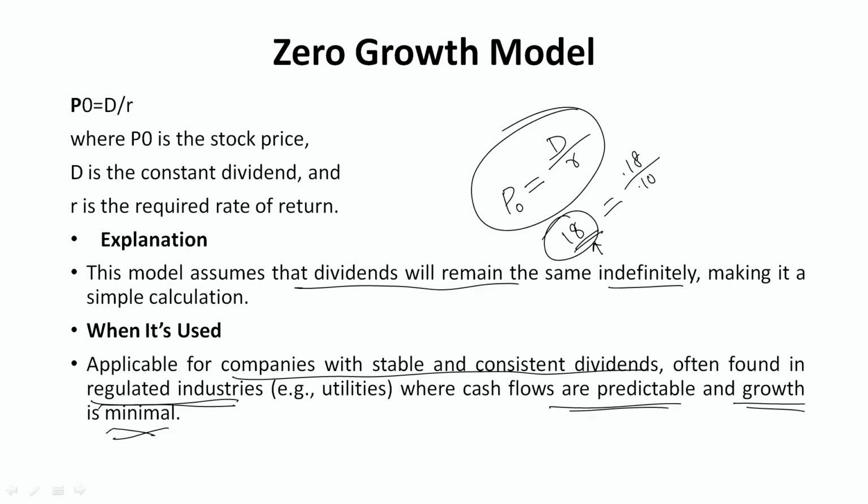So in terms of utilities and other things, say FMCG products, such utilitarian items I can identify, I can talk about a zero growth model.